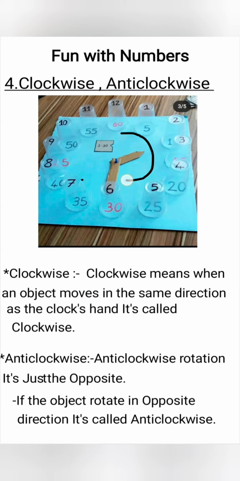And anti-clockwise rotation is just the opposite. If the object rotates in the opposite direction, it's called anti-clockwise. Understood?